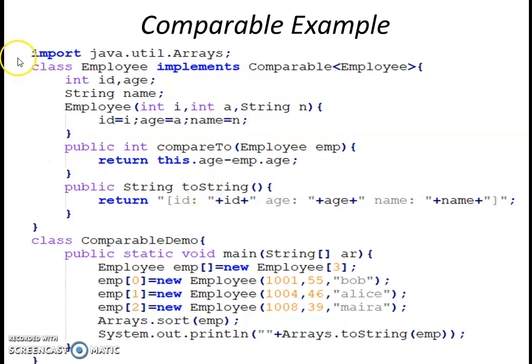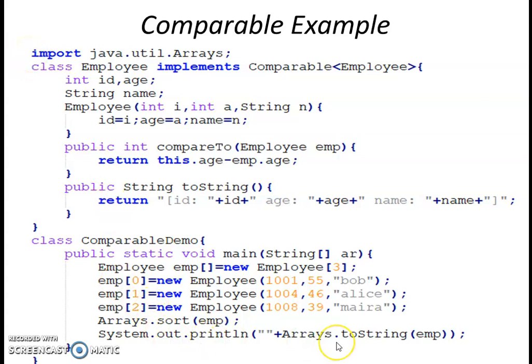Here, one thing we need to notice is that we are importing java.util.Arrays because Arrays is present in the util package. So we need to import the java.util package. That's why we have written this statement, right?